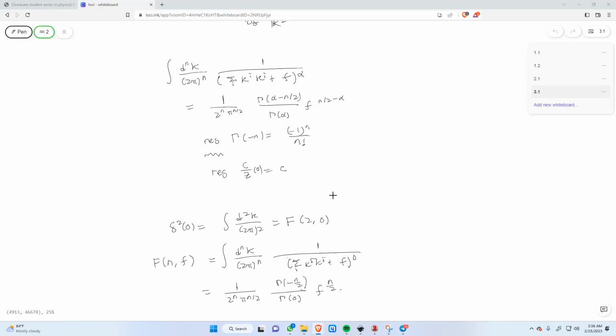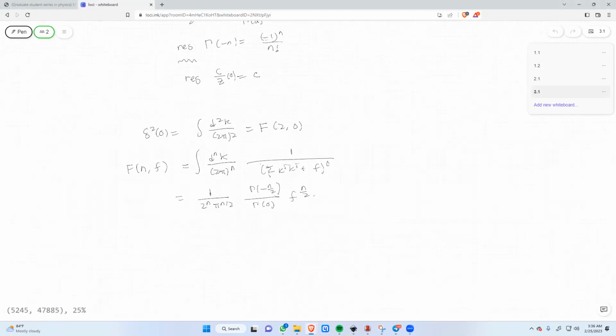But we're going to analytically continue this. Basically, no matter what n is, this is gamma 0.